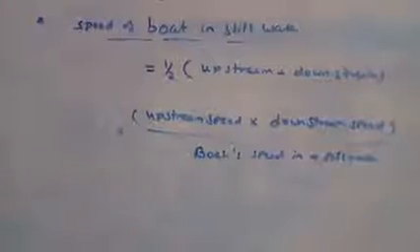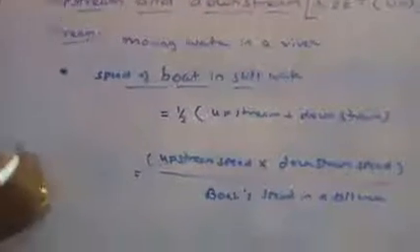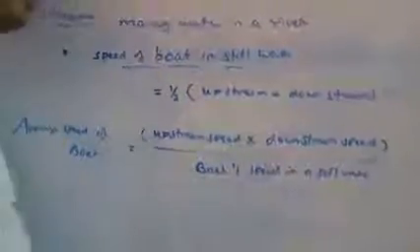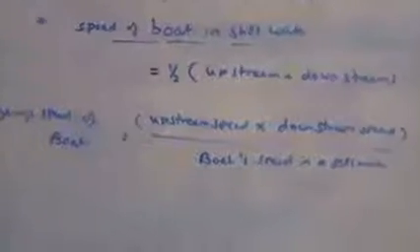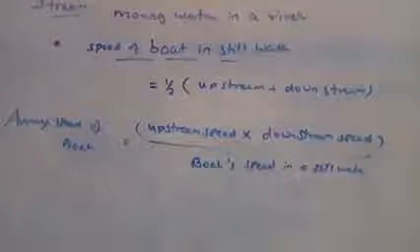This is the formula to find the average speed of boat. If you know the upstream speed and downstream speed, then it is a method to find the average speed of boat. If these two values are known, it is used to find the value of average speed.